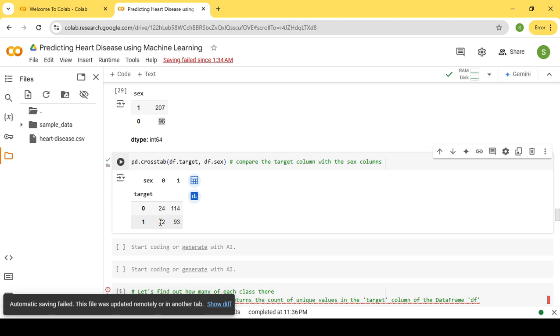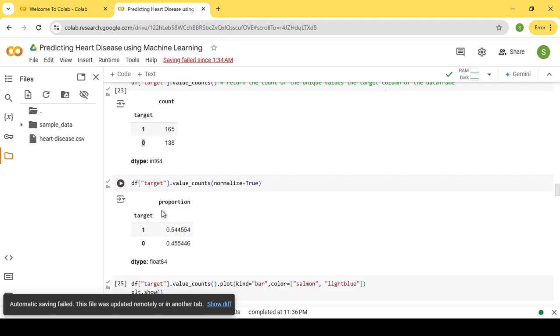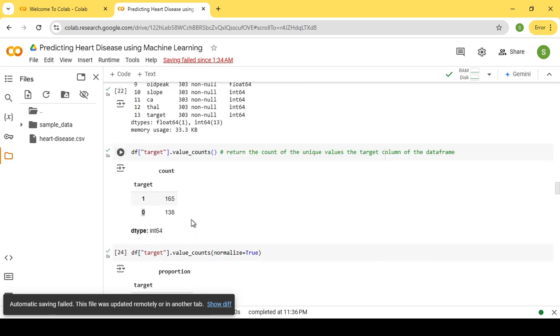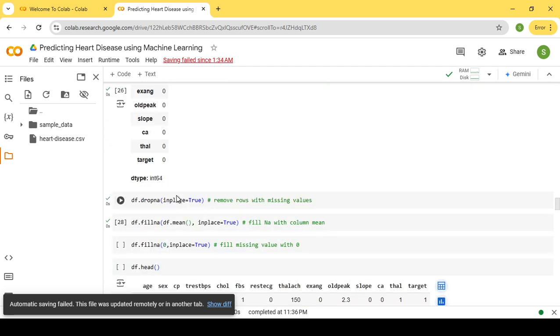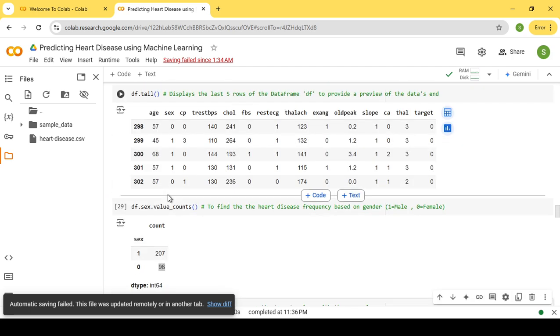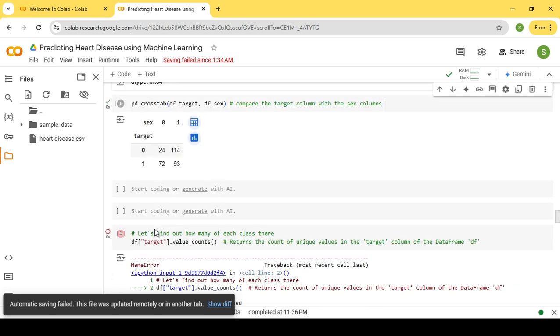If you recall, we have identified the proportion of the females compared to the males. Here we have 207 men and 96 women.